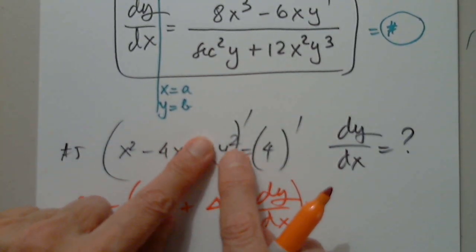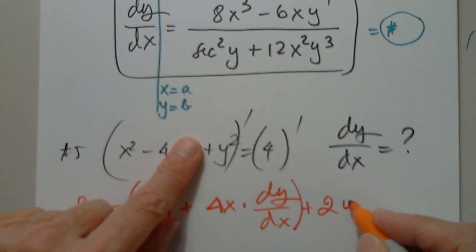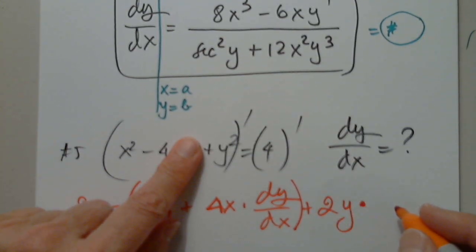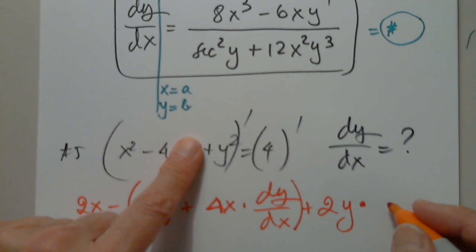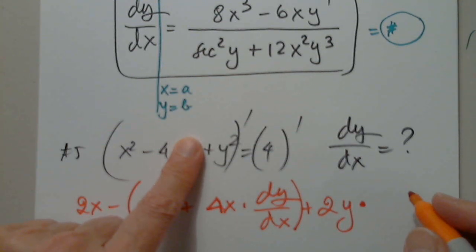Now, y squared prime, that's 2y times the inner function prime. I will probably have to ask everyone to say those words to me, so we never forget that. Times the inner function prime.